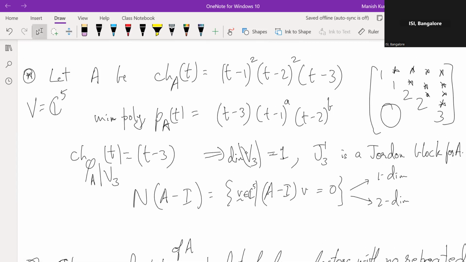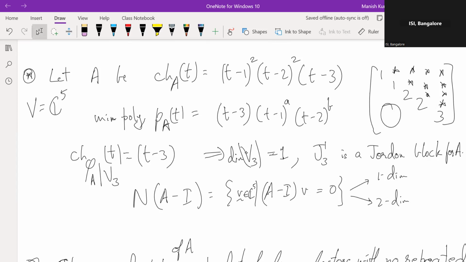So you have the matrix A minus I. How will you figure out the dimension of the null space of this 5 by 5 matrix?